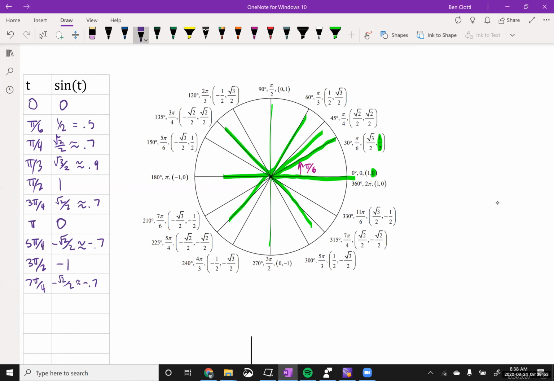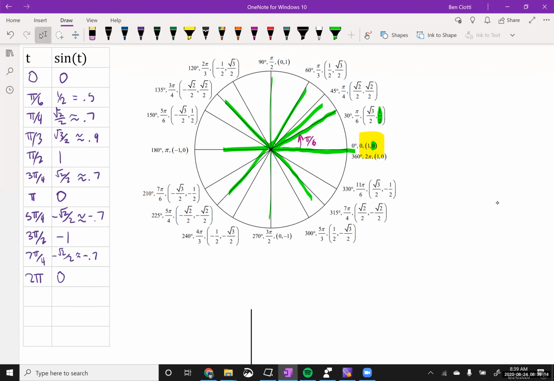And after that, let's do 2 pi. So 2 pi corresponds to a complete revolution, putting us back at where we started. So we're back to the y value being 0.